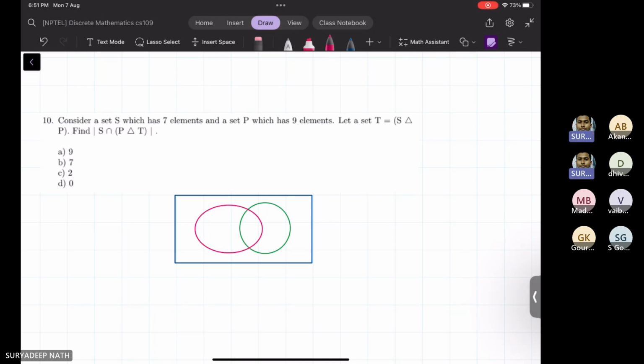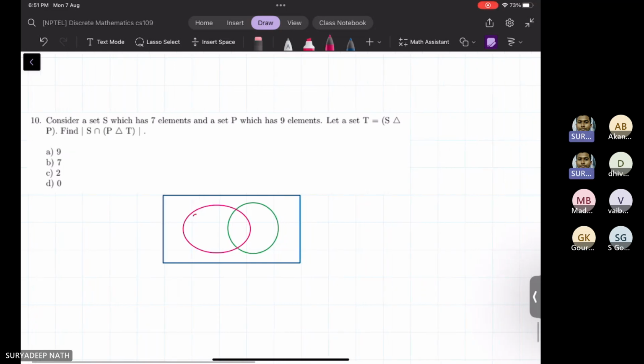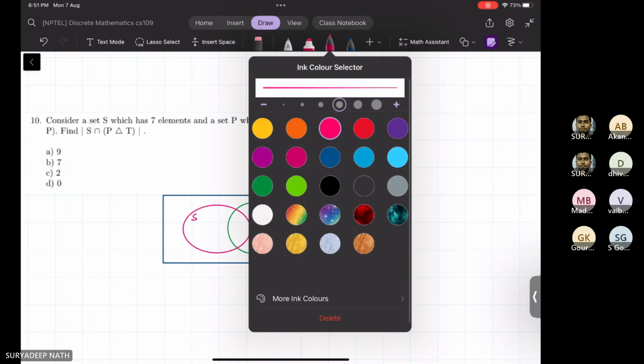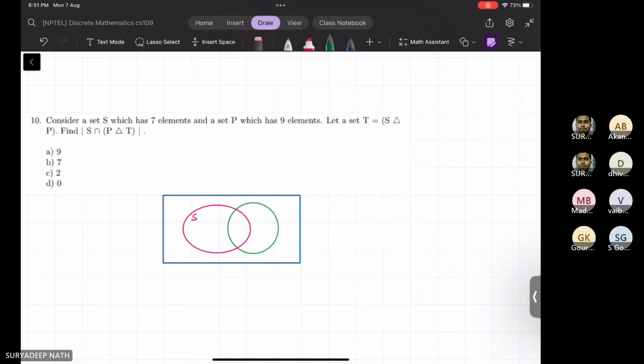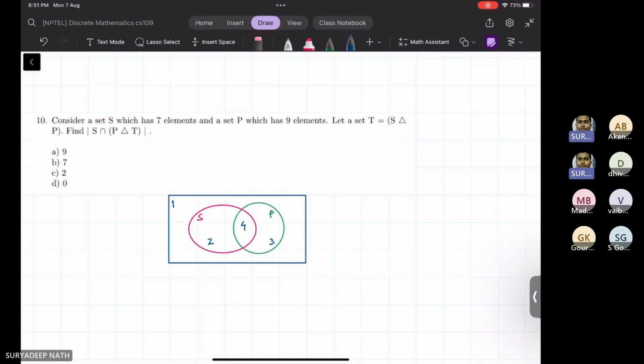Okay, so we have S, we have P. Again, let me name the regions. So you have 1, 2, 3, and 4. Where does T lie?